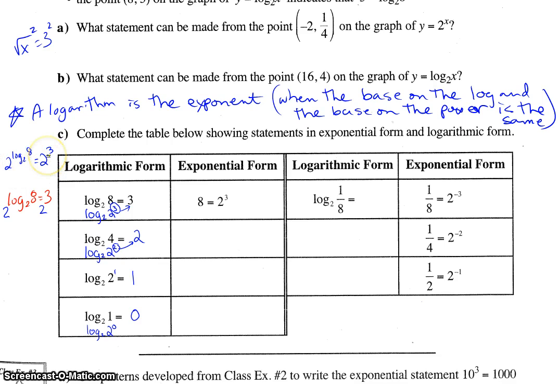Now why did I choose base 2? Because the base on the log was 2. You wouldn't undo a log base 2 by putting the power of 5 or something, just like you wouldn't get rid of a square root by cubing it. You'd have to get rid of a square root by squaring it, right? So what happens here is this undoes the log, and you're left with this.